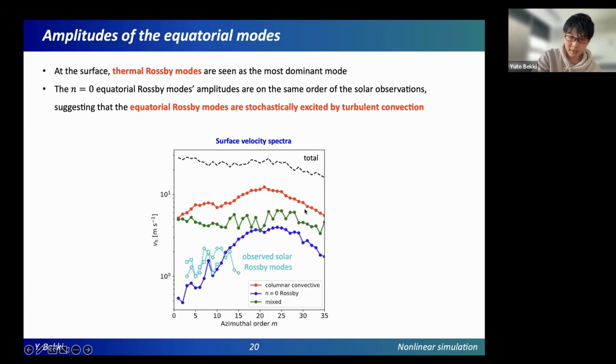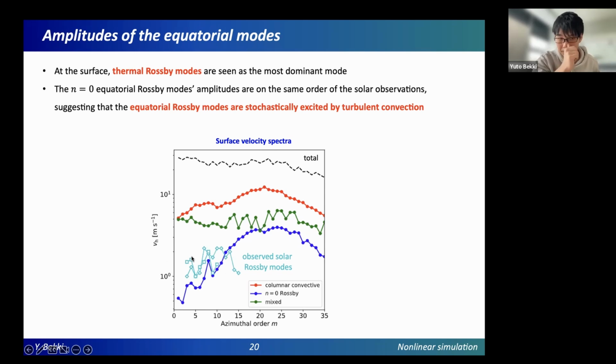And we can see that the dominant contribution comes from the thermal Rossby modes, and the equatorial Rossby modes are the weakest, with the n equals 0 equatorial Rossby. But we see that when the observed amplitudes of the equatorial Rossby modes are plotted, they are comparable in amplitude.